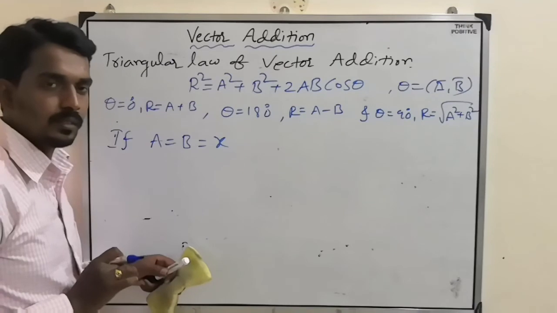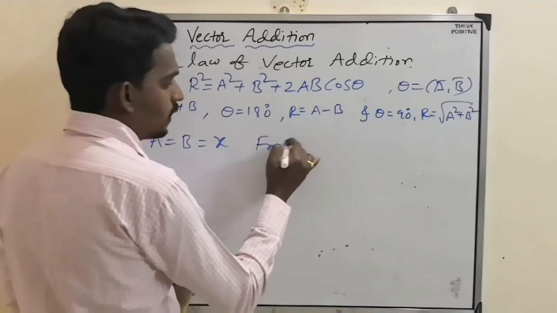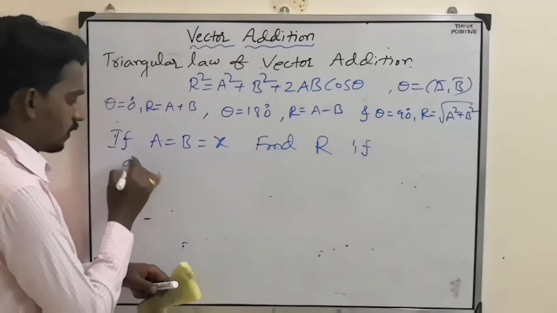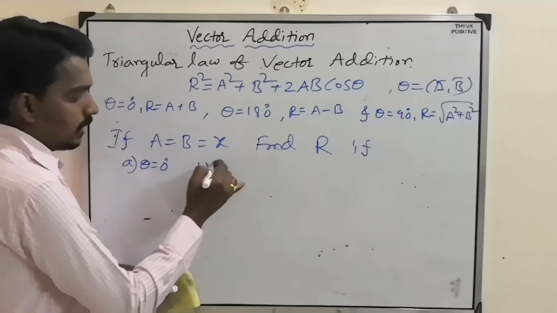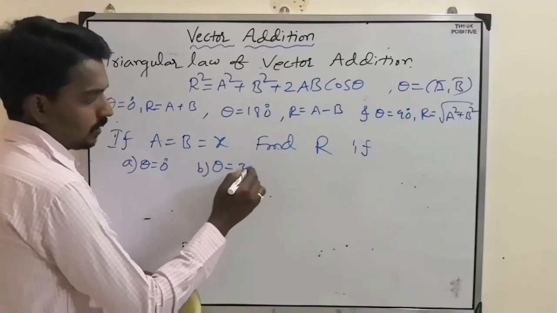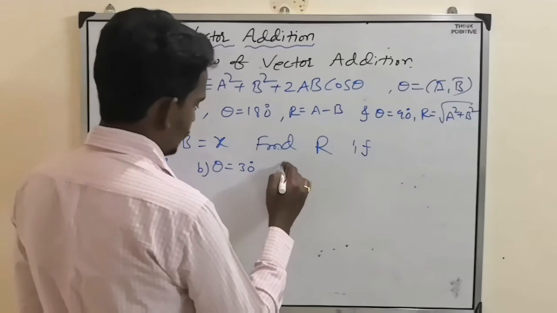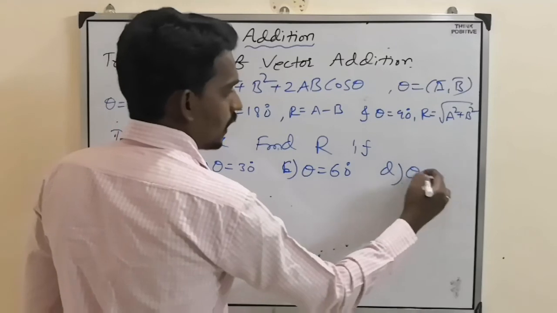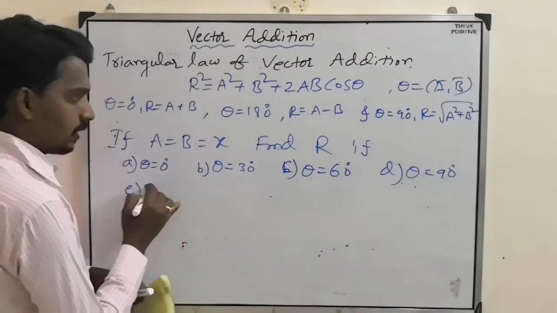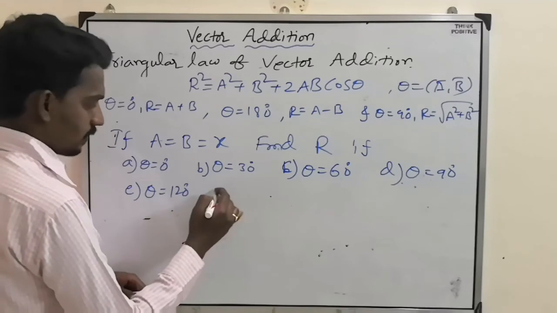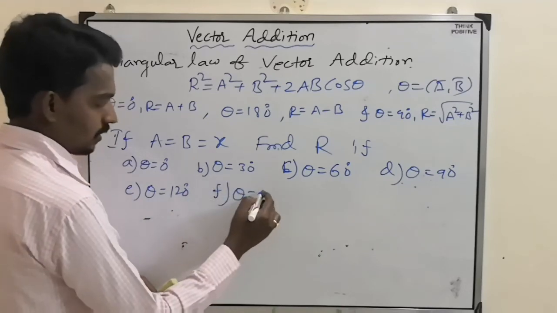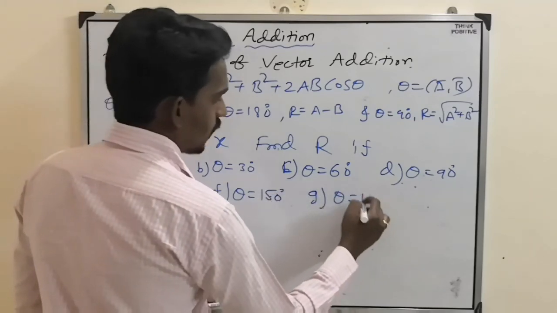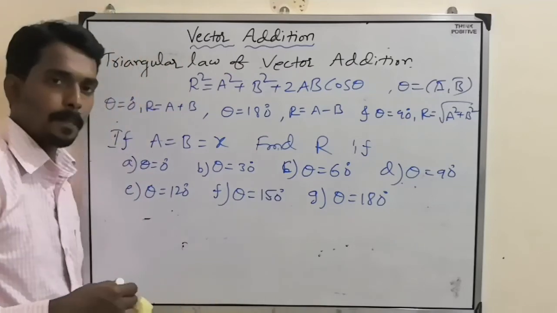X. Then find the magnitude of their resultant if theta is 0 degrees, 30 degrees, 60 degrees, 90 degrees, 120 degrees, 150 degrees, and 180 degrees.